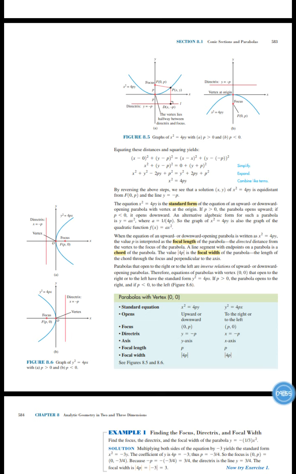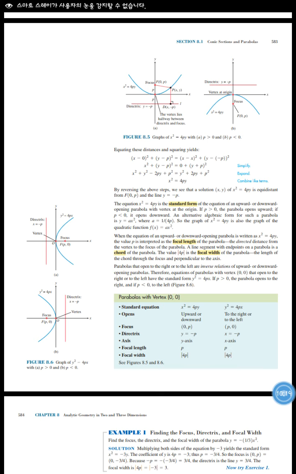Okay, so you have to remember that your equation looks like x squared equals 4py. That's what we are already familiar with in the quadratic function. That means upward or downward. Otherwise, if your y has the square, that's going to open left or right.